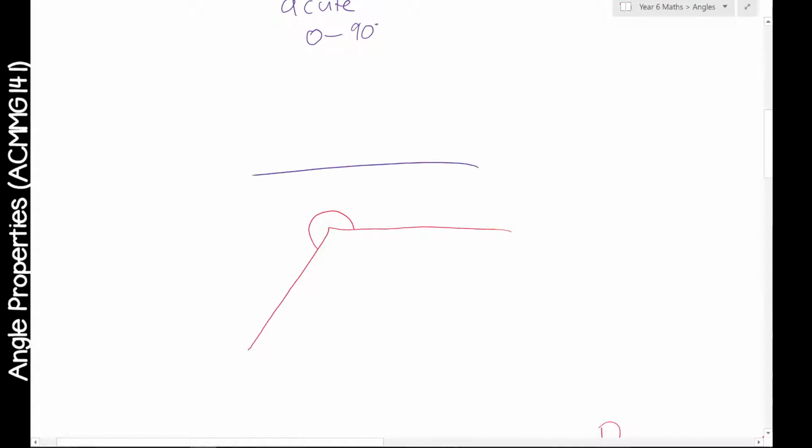Once we've gone past acute, we've then gone right angle, then we've gone obtuse. Once we've gone to straight angle, and then we've gone past the straight angle, so now the circle has to reflex around, we call it a reflex angle.